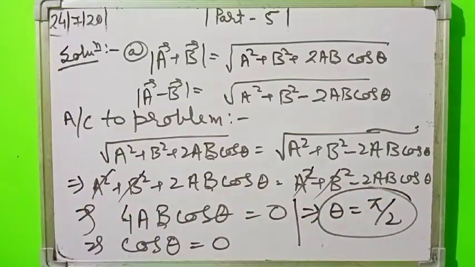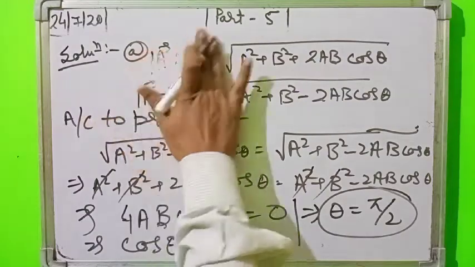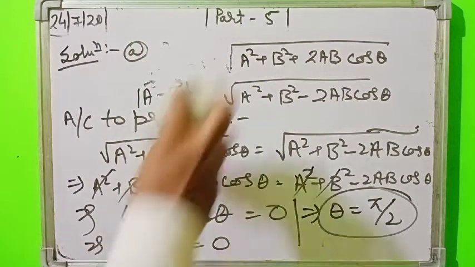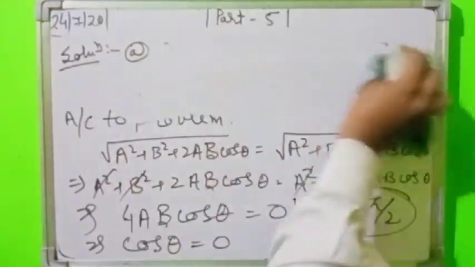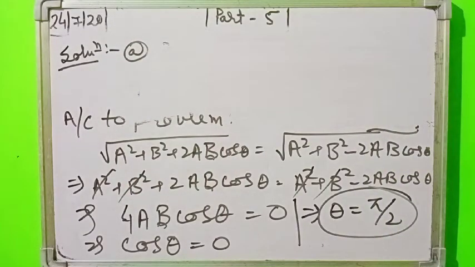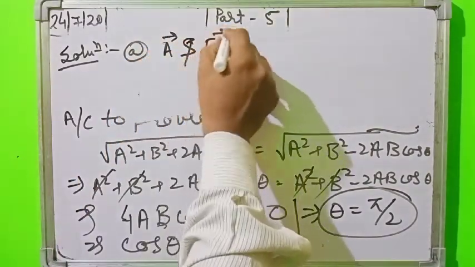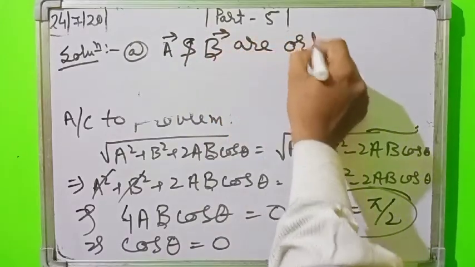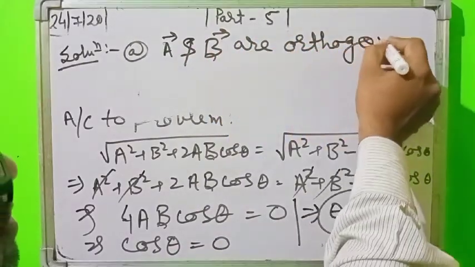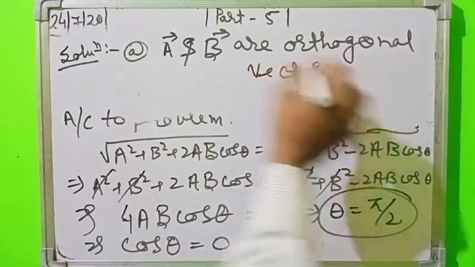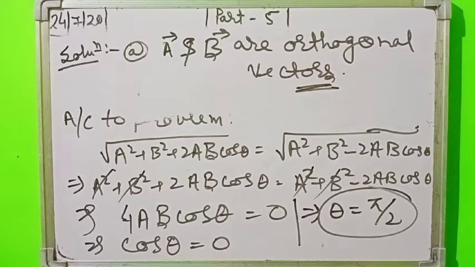So from here we can say that A and B are orthogonal vectors.